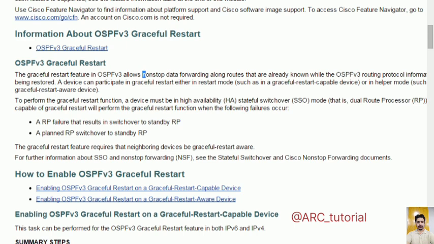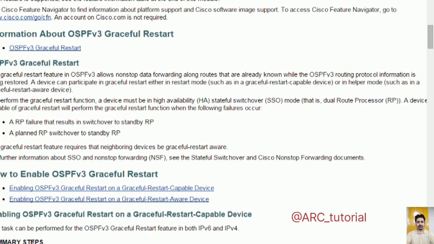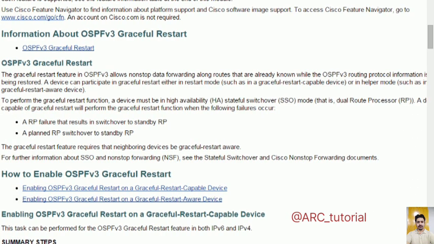It allows non-stop data forwarding along routes that are already known, while the OSPF version 3 routing protocol information is being restored. This is called graceful restart. A device can participate in graceful restart either in restart mode or in helper mode.